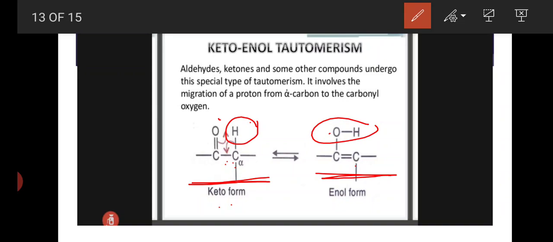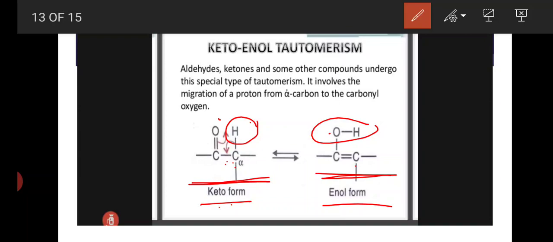This proton binds with oxygen, which is the hydroxy group, the alcoholic group. The ene functional group and alcoholic functional group together give the name enol. This is the keto form and this is the enol form.